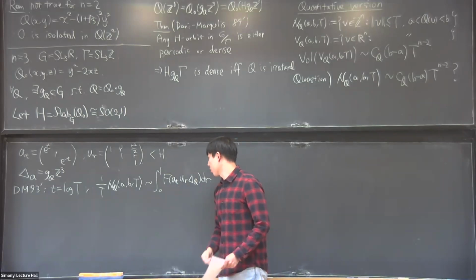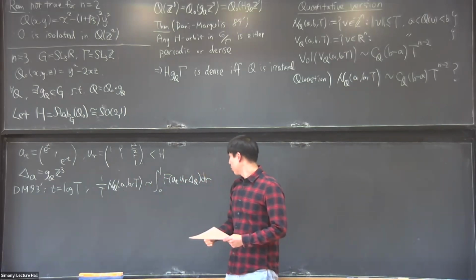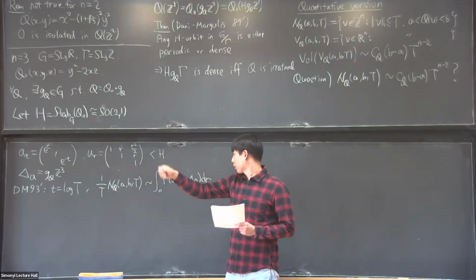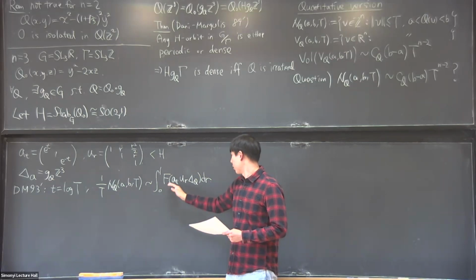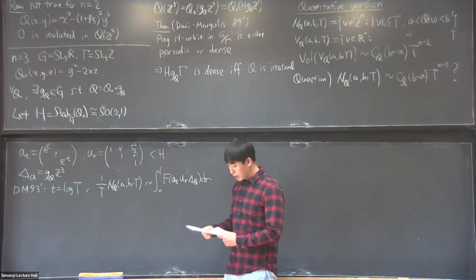Then this unipotent subgroup is expanded by the diagonal subgroup, so it's a very long trajectory evaluated by a certain test function capital F.